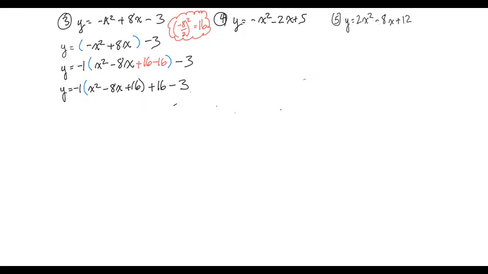Now, because of that -1 that was on the outside, when we applied it to the -16, -1 times -16 gave us +16. So now we simplify.